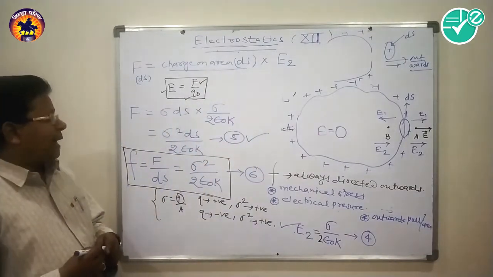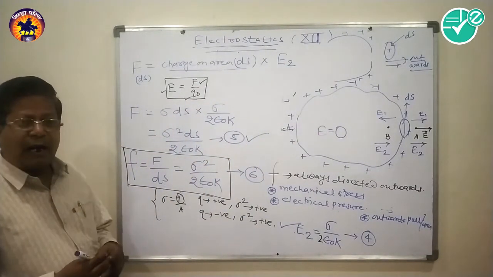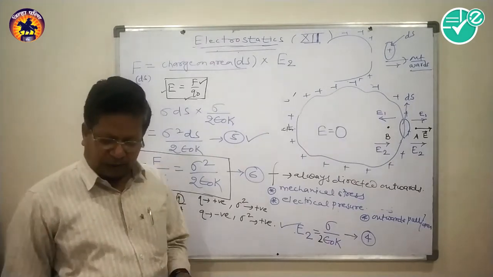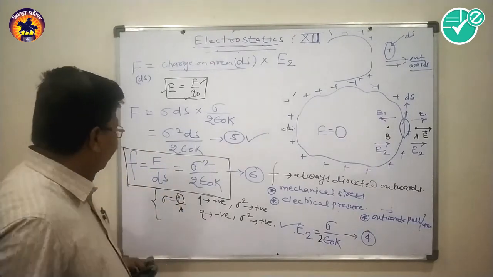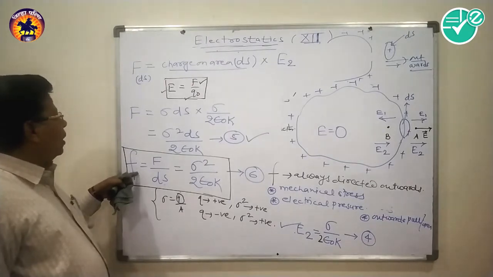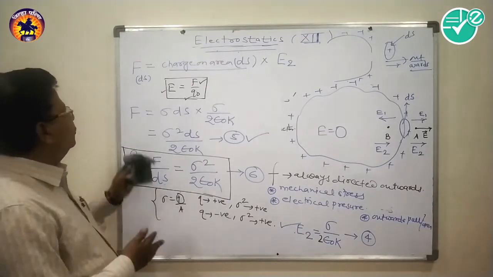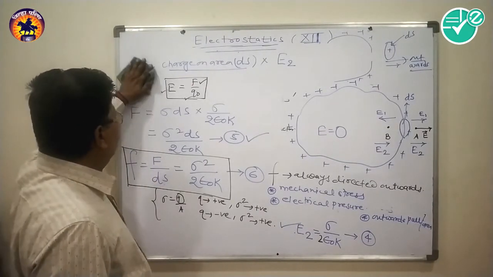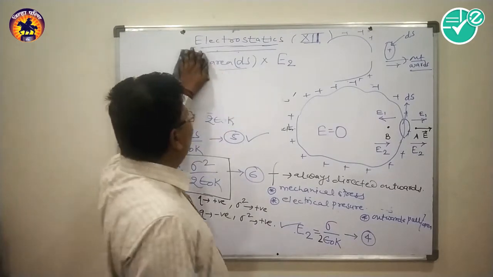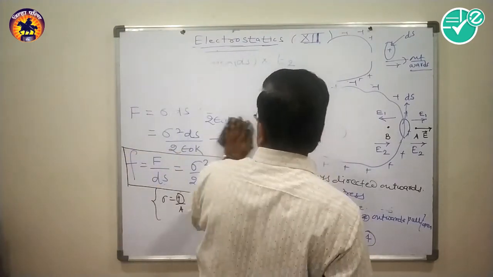So mechanical force per unit area of a charged conductor is given by the formula small f is equal to sigma square divided by 2 epsilon 0 K.